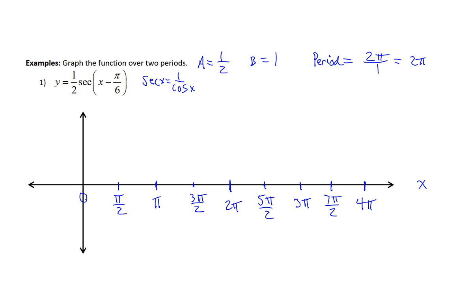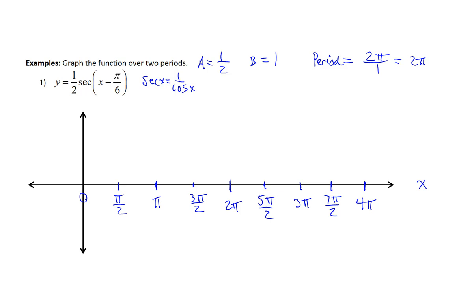So we're talking about secant being 1 over cosine, which means we want to know where cosine is equal to 0. Well, you can review that more thoroughly if you comb back through previous sections or look at the unit circle. But remember, cosine is 0 at the top and bottom of the unit circle. So if you're going around one full wrap here, the first place you'd hit would be the top, which is at pi over 2.